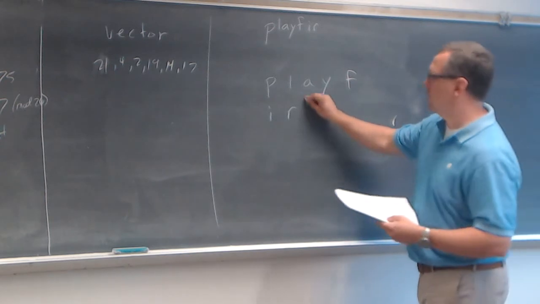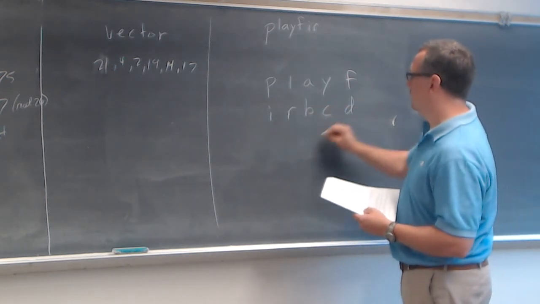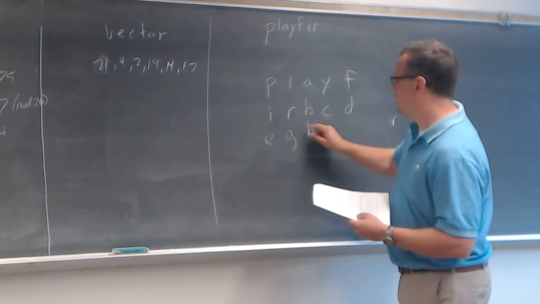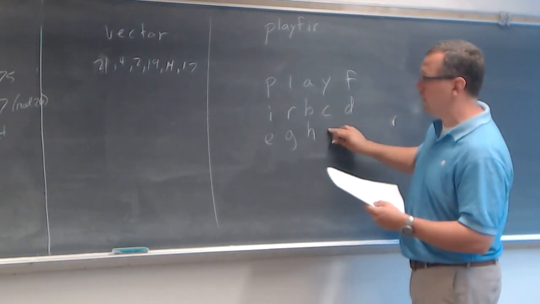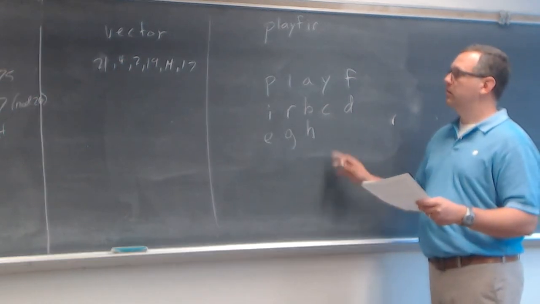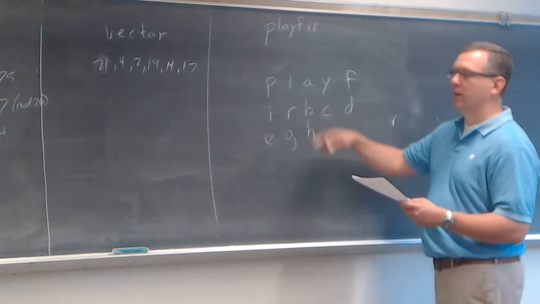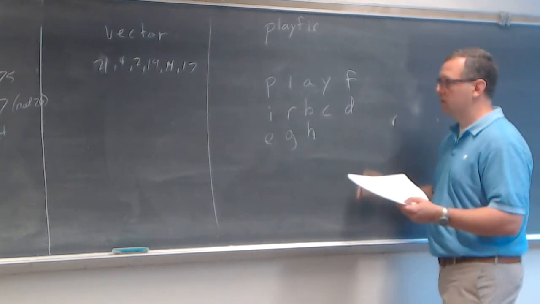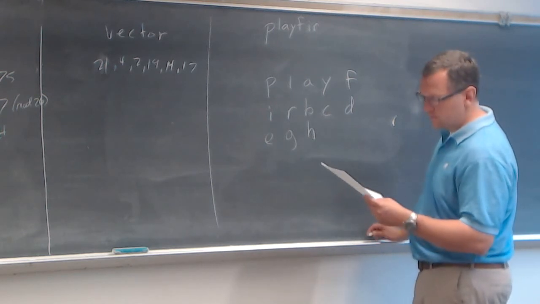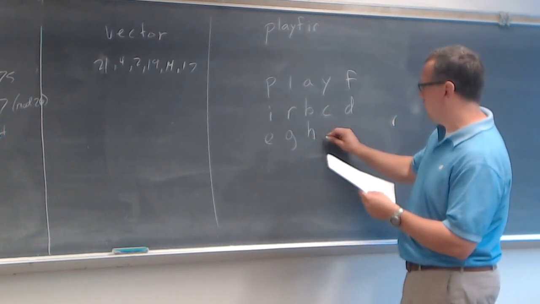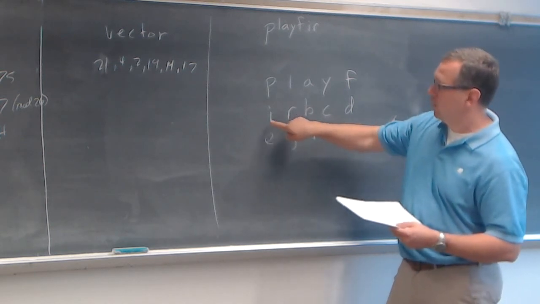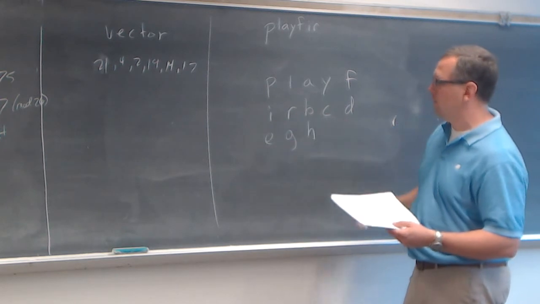I've already used A, so there's B, C, D, E. I've already used F, so G, H. Then I and J: there's no J in the Playfair cipher. I and J are combined because you need a 5x5 matrix, and there's no square matrix with 26 entries. So any I or J is encoded the same.